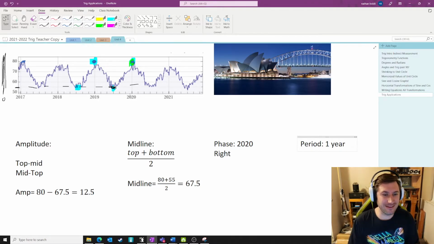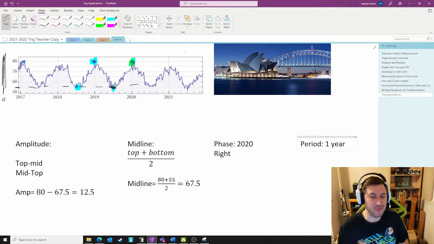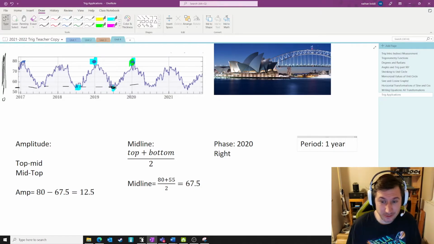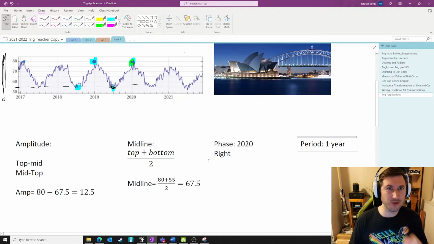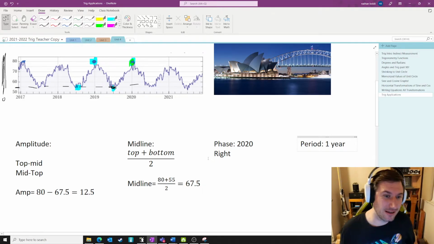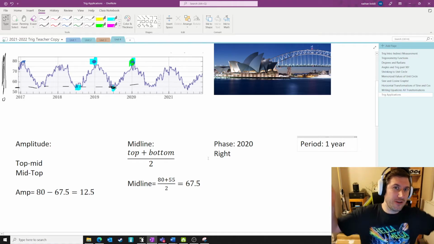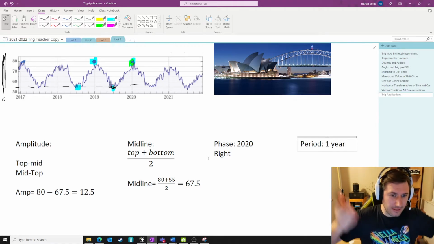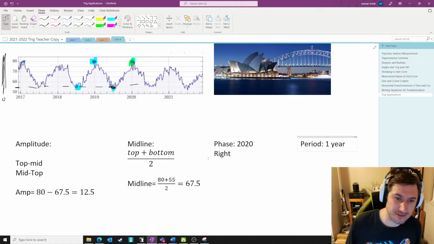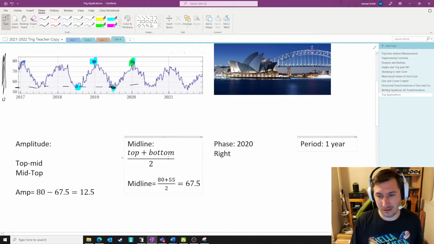They are in their high temperatures when we are in the low temperatures. Kind of cool that we're flipped. So when you choose your own city here in a minute, if you choose one in the northern hemisphere, your graph will be a bit different because summer and winter are flip-flopped.